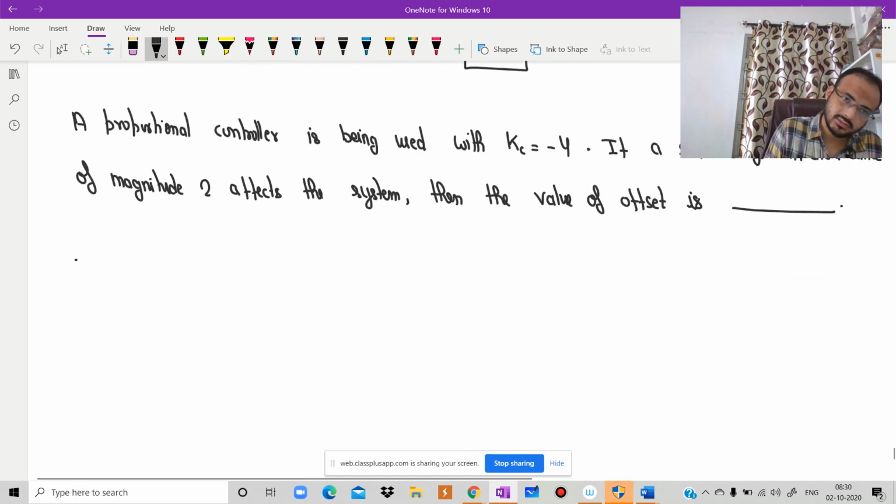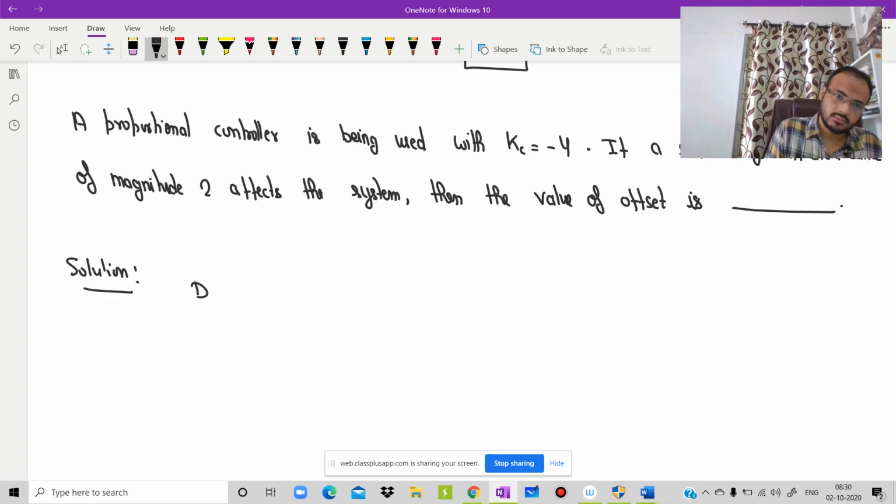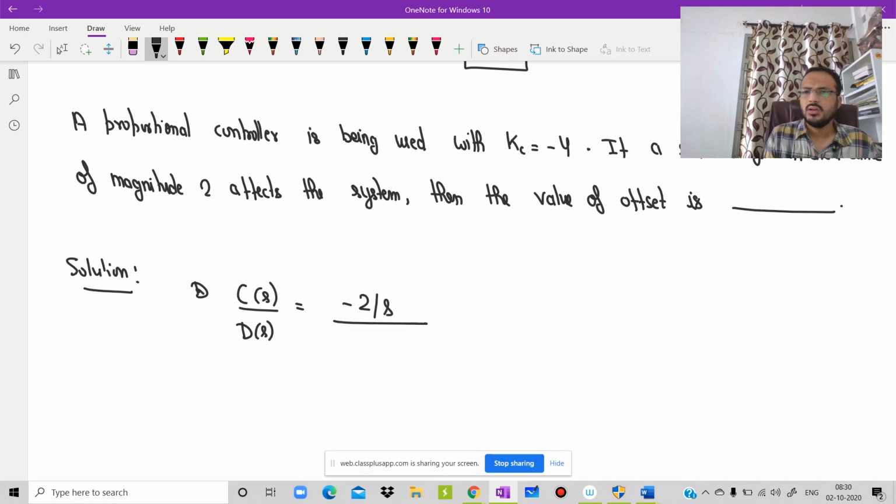So we will get C of s by D of s, standard loop: multiplication of the transfer functions between C and D divided by 1 plus product of all the transfer functions in the loop, 2 Kc.